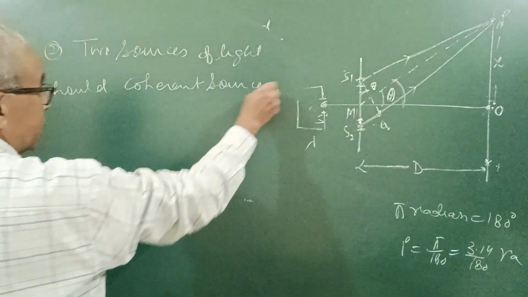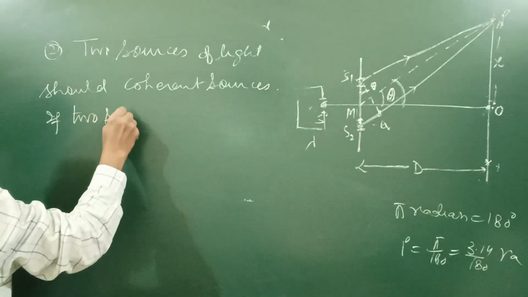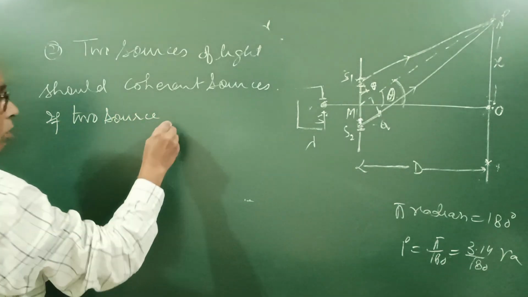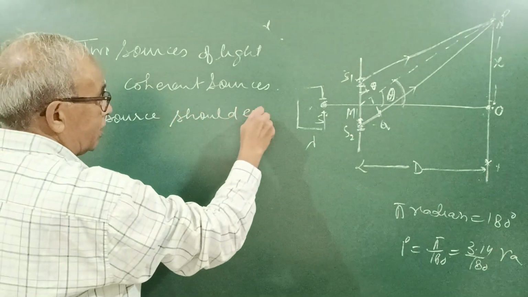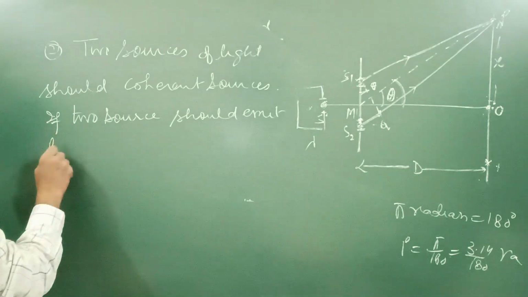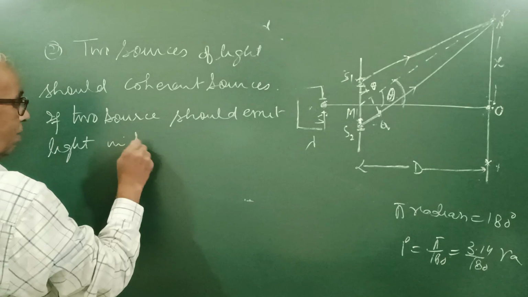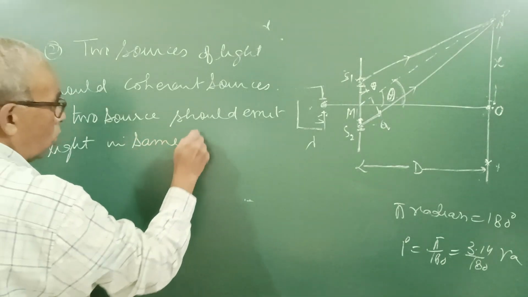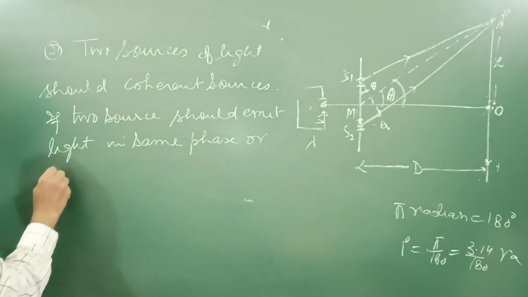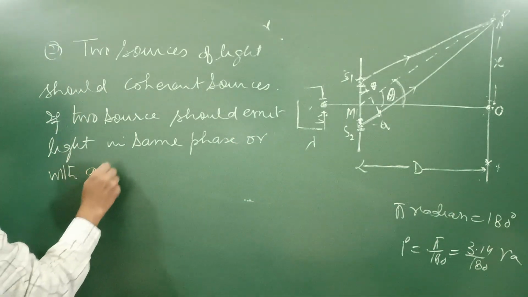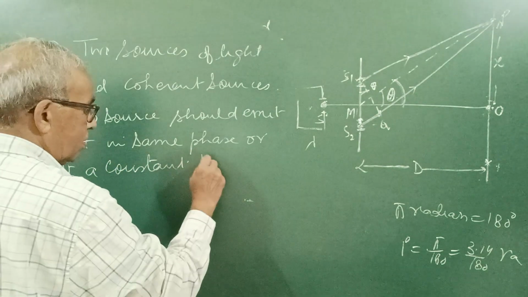It means two sources should emit in the same phase or with a constant phase difference.